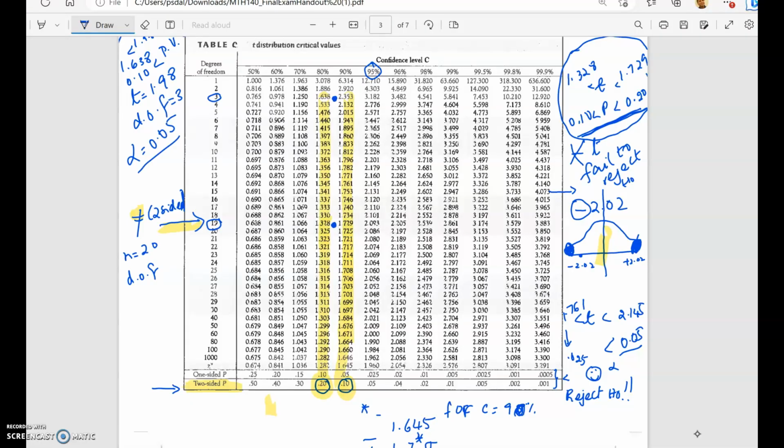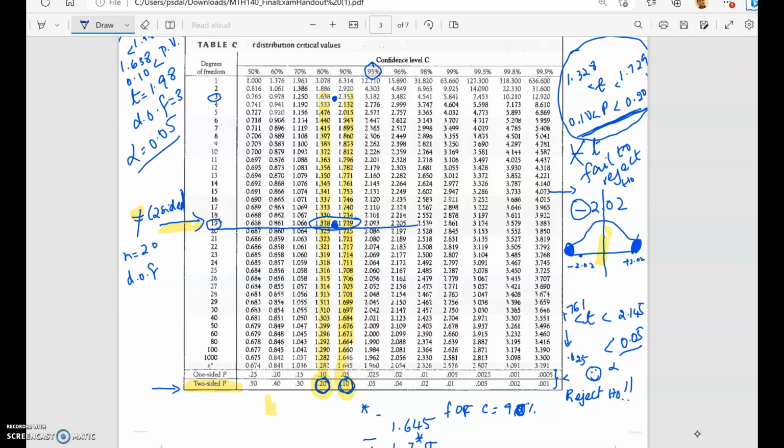Look at row number 19, because degrees of freedom is 19. Our number 1.38 sits in the middle between these two numbers. We go down the column and our p-value is between 0.10 and 0.20.